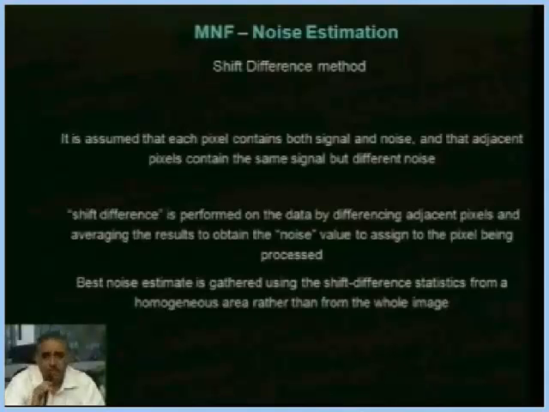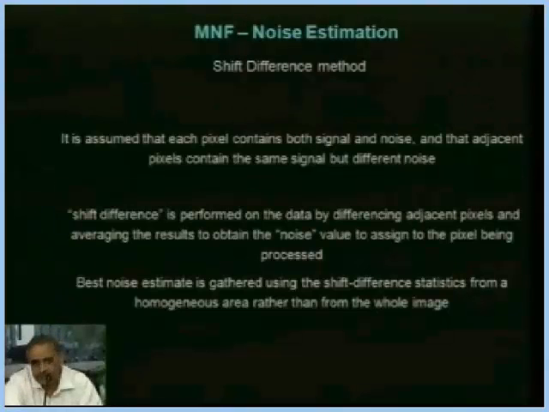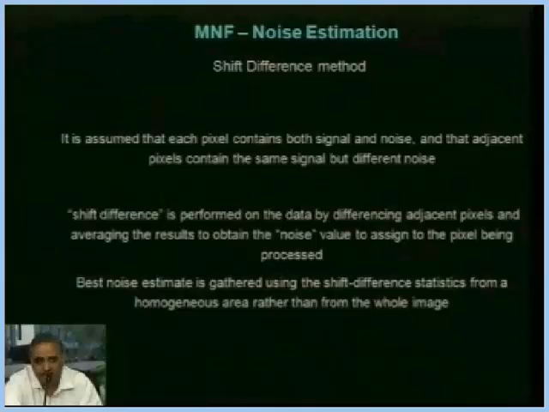The most common method of estimating noise in the absence of dark images is known as the shift difference method. In fact, some of the content and background being talked about is what is available to users in a quick-to-use manner in ENVI.